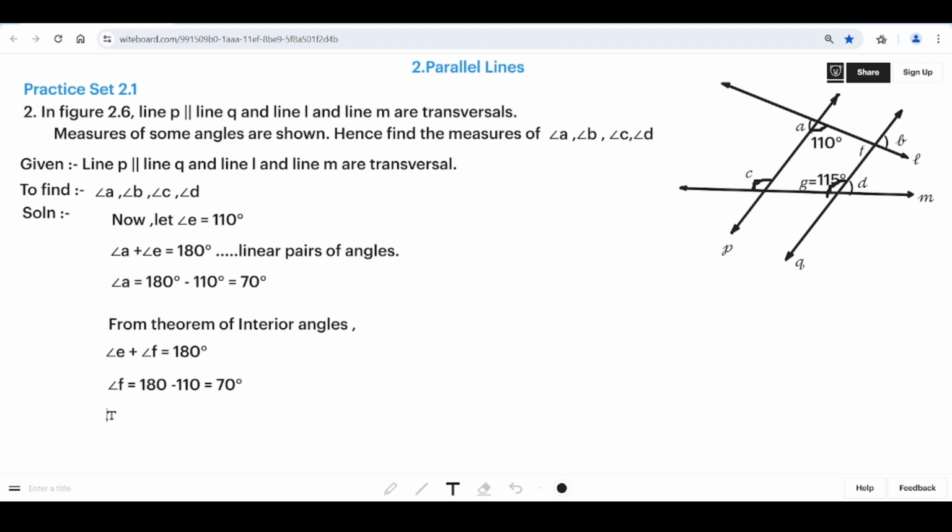Now we have to find angle B. You can see in the figure, angle B is vertically opposite to angle F. So we can say that angle F is equal to angle B because they are vertically opposite angles.